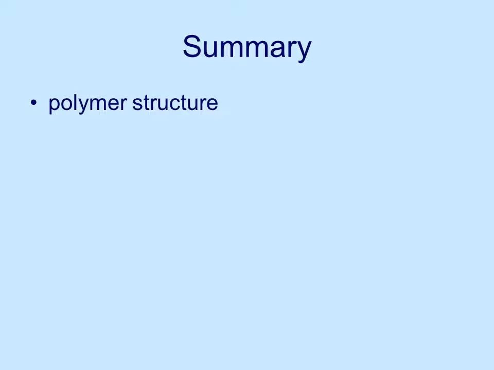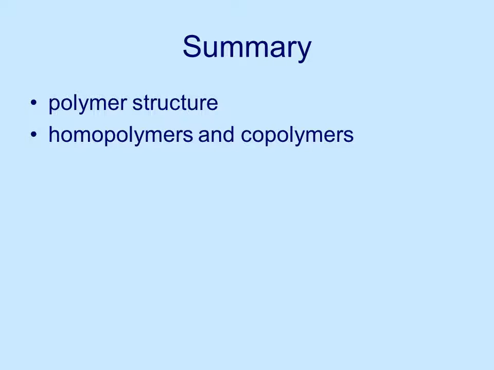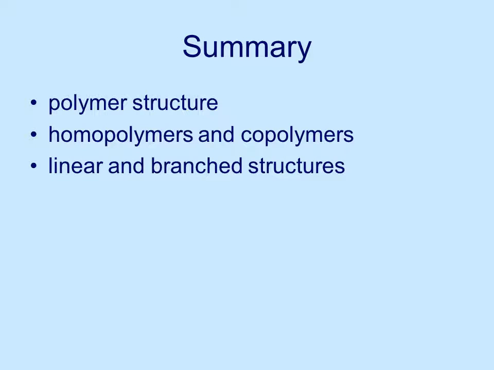Okay, in brief, we've talked about polymer structure. We've talked about what polymers look like. We've talked about the difference between homopolymers and copolymers. We've discussed linear and branched structures, and these are important in terms of polymer properties, which we didn't discuss today. But linear and branched structures are very important for how the polymer behaves in real life.